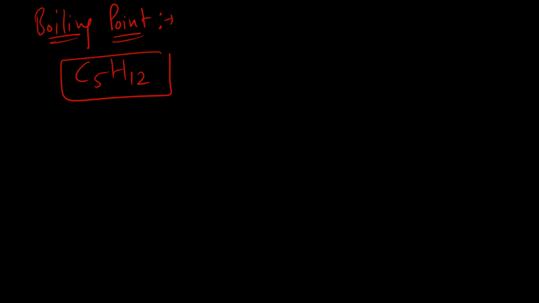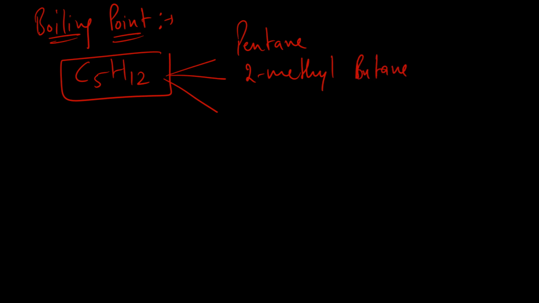So when we are checking the boiling point, we already know it depends upon the 3 factors that we discussed. But let's say you have a molecule of pentane, C5H12. You know it has 3 possible isomers: pentane, 2-methylbutane, and 2,2-dimethylpropane.